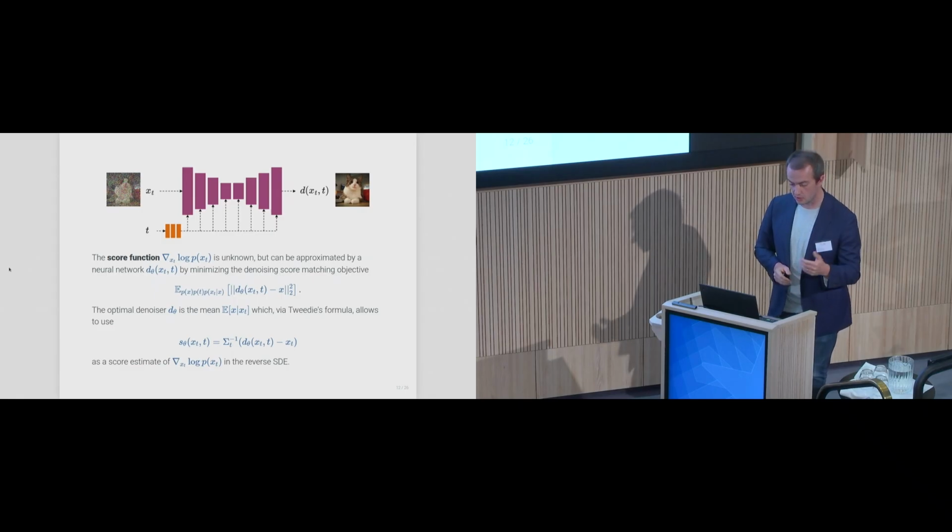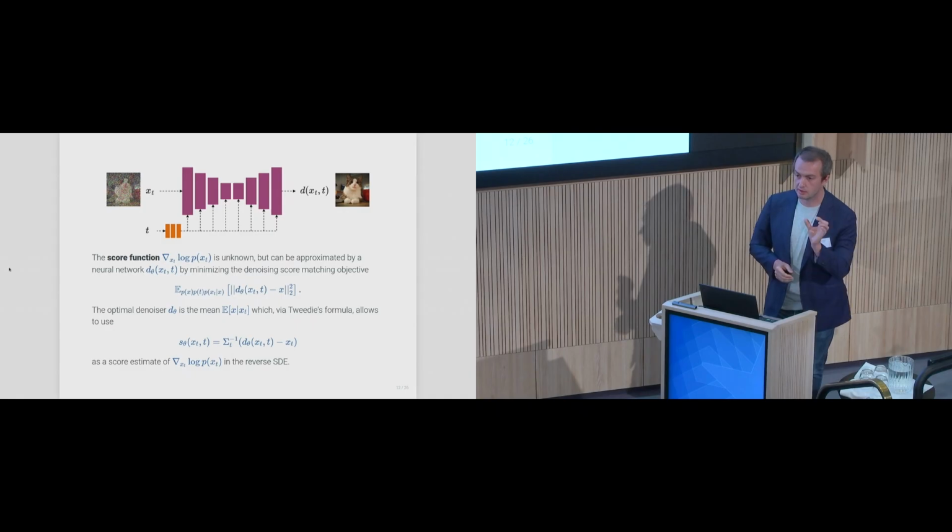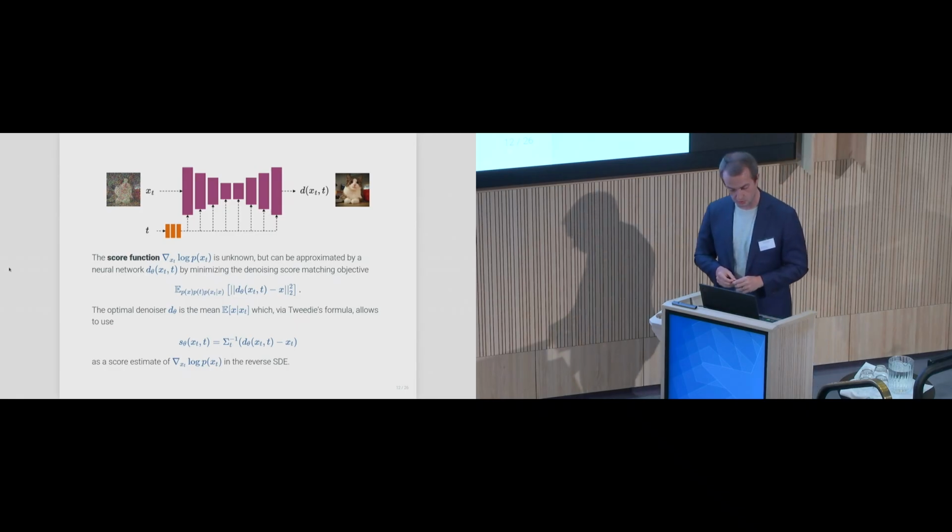And what happens is that we can show that the optimal denoiser, the optimal neural network, is the mean, or the expected value, of x given x_t. Okay, and this quantity is quite nice because you can relate it to the score function that we need via this formula.